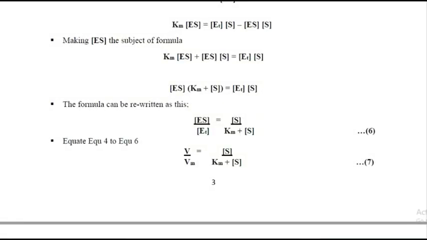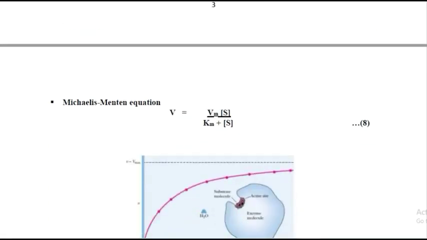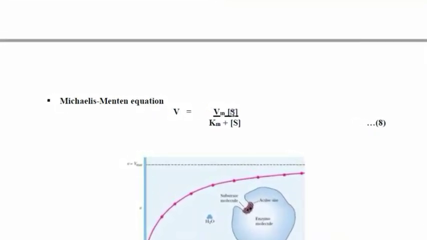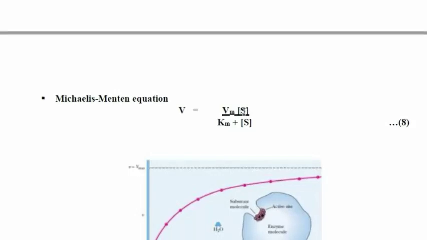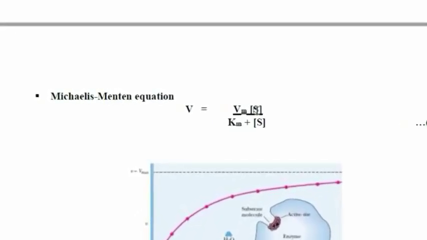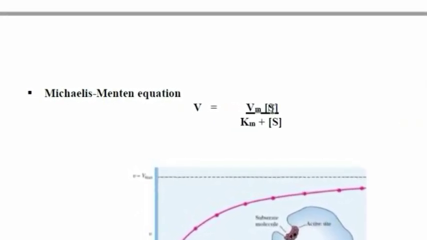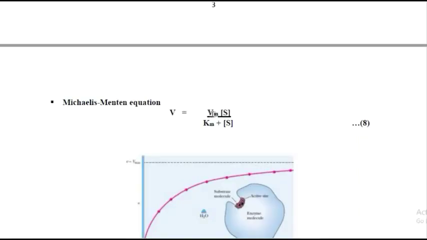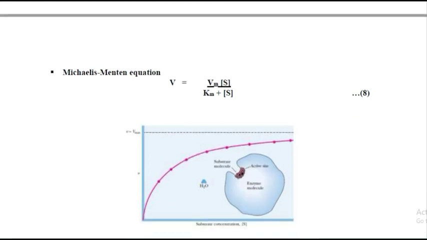By the time you make V the subject of the formula, we end up with our Michaelis-Menten equation, which is V equals Vm multiplied by the concentration of the substrate over the Michaelis-Menten constant plus the concentration of the substrate.